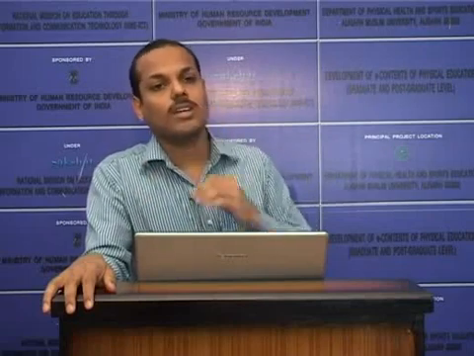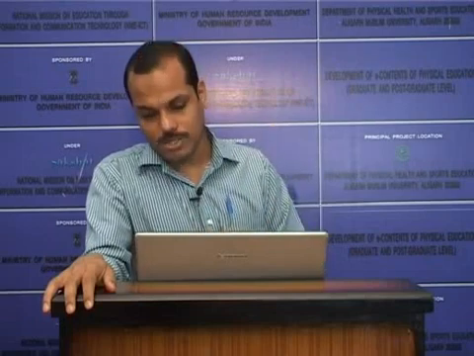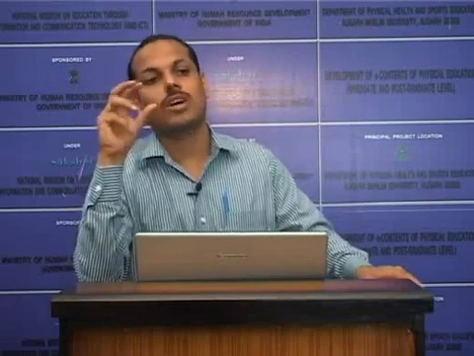Again, the pathway of the CSF: CSF passes from each lateral ventricle to the third ventricle through the interventricular foramen, that is, the foramen of Monro, and from the third ventricle to the fourth ventricle through the aqueduct of Sylvius, and from the fourth ventricle to the subarachnoid space.